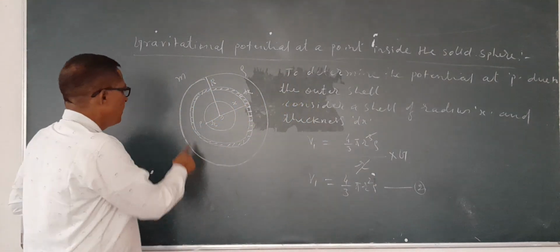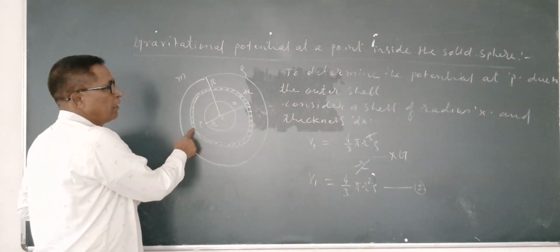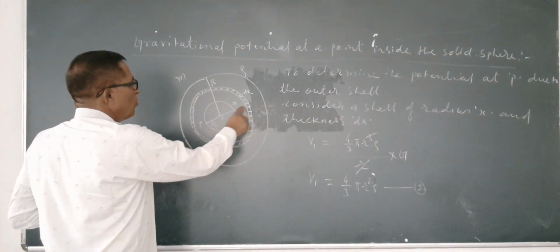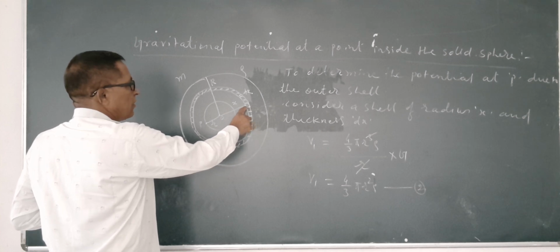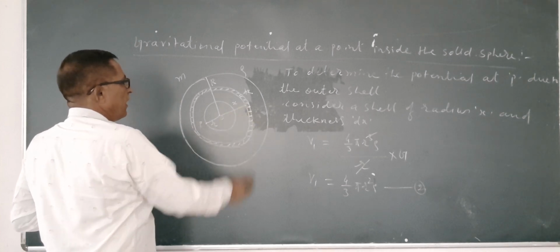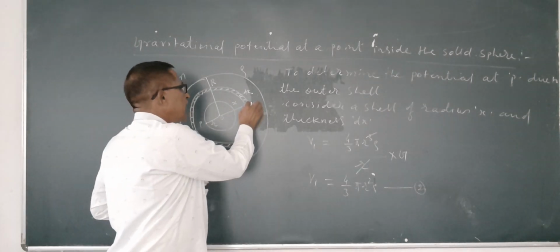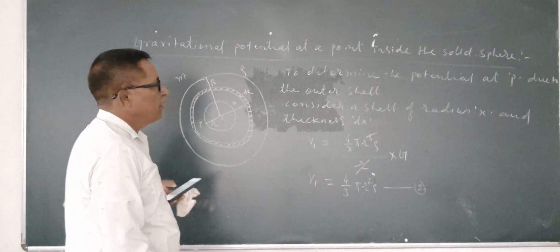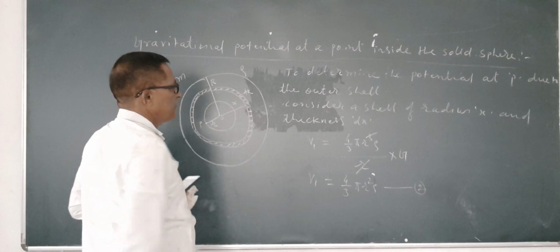That shell is this shell. For this shell the radius is x, from O up to here. This is the radius of this shell, and the thickness of this shell is dx, shown by the shaded part.